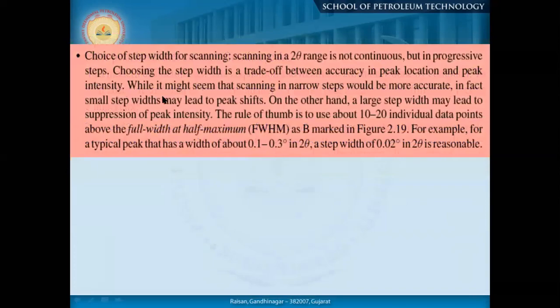Now the choice of step: the step size should be very small to get the desired accuracy. Scanning in a 2 theta range is not continuous, so it is not a continuous value that we are recording.